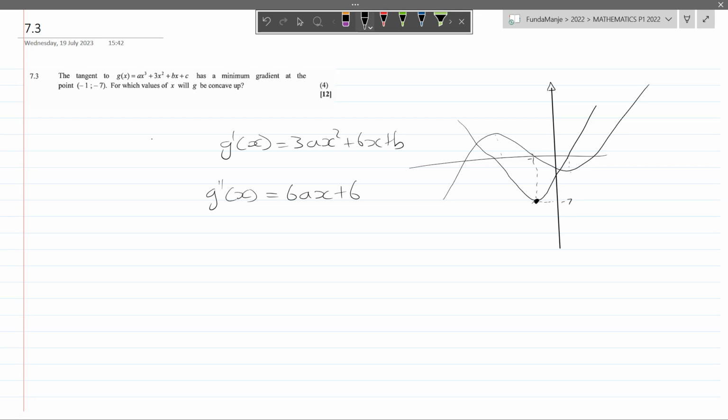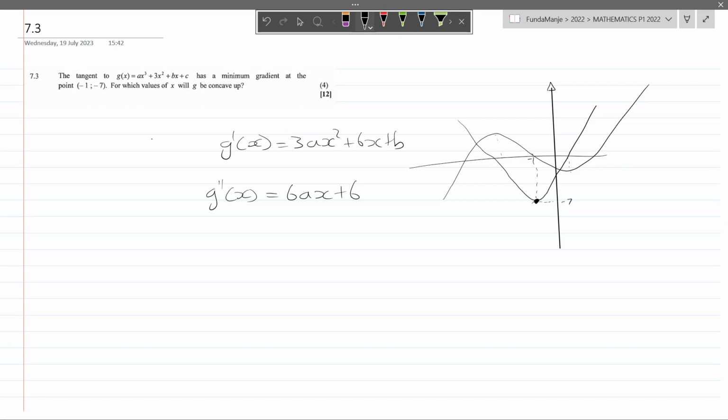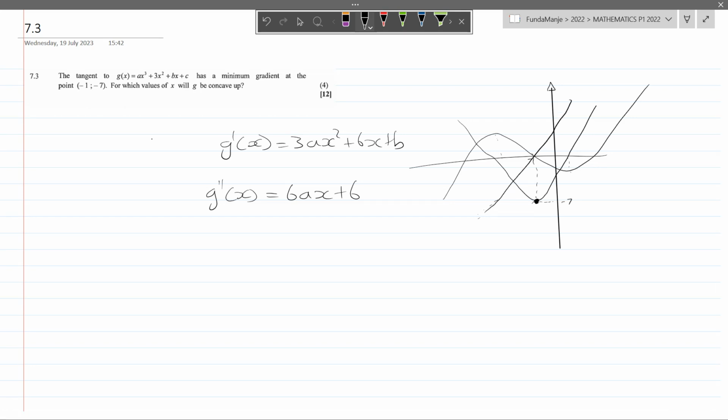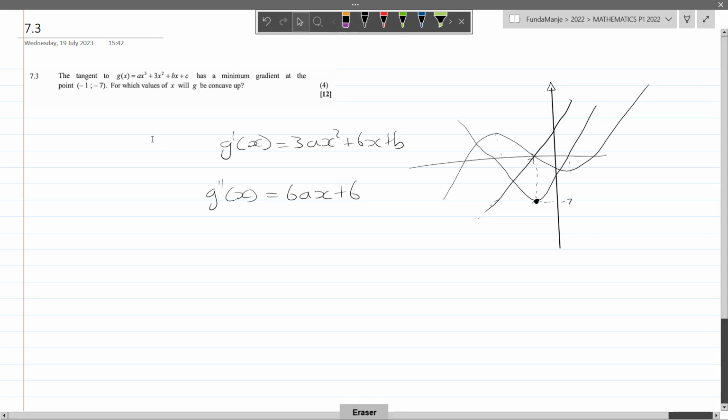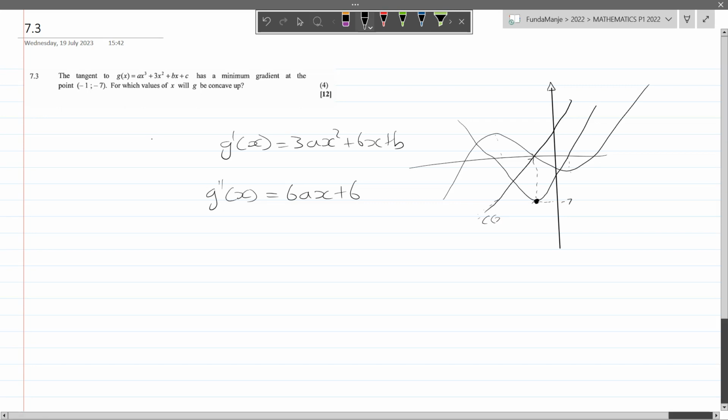Then basically the minimum value on our second derivative, or in this case the tangent to g, on this function, the minimum value also represents the point where concavity is 0, and concavity is represented by this straight line here, which I'll refer to as c of x.